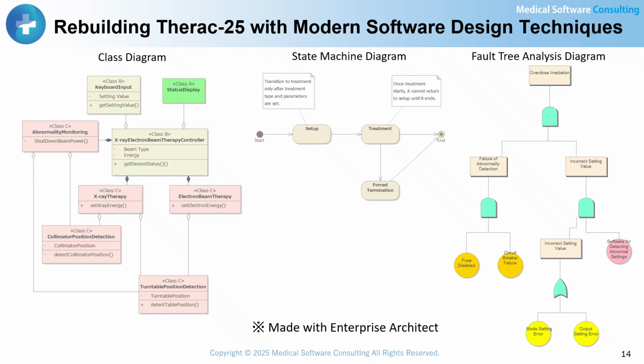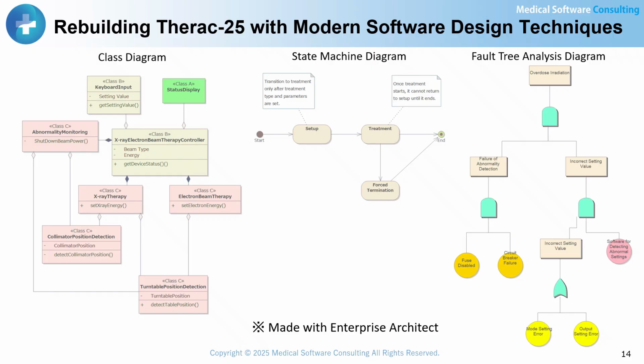Next, in the center, is the state machine diagram. This visualizes the transitions between system states, showing exactly which transitions are possible. In the Therac 25, it was possible to transition into the treatment state before setup was fully completed. This design flaw created parameter inconsistencies that led directly to overdoses.